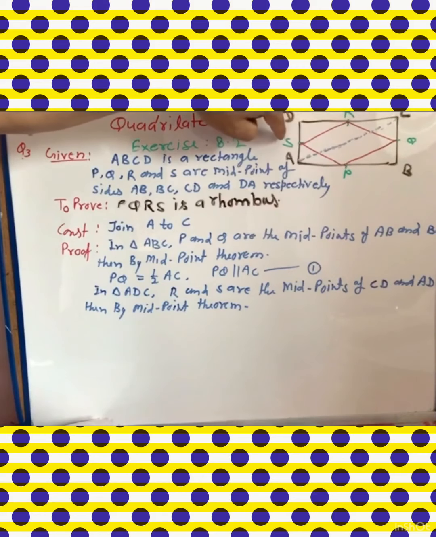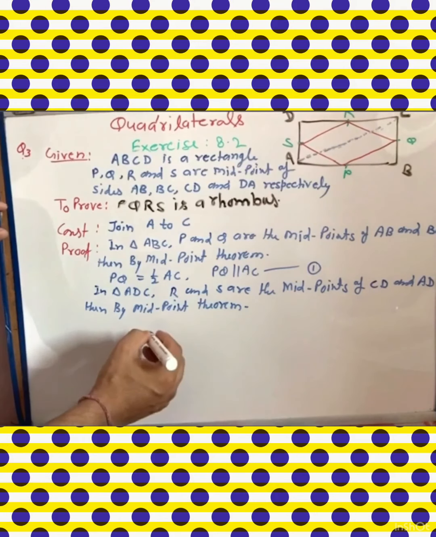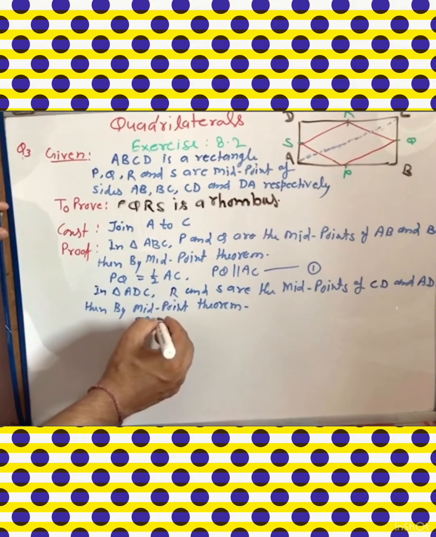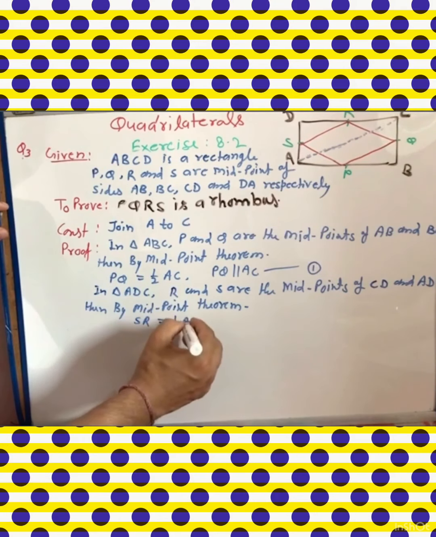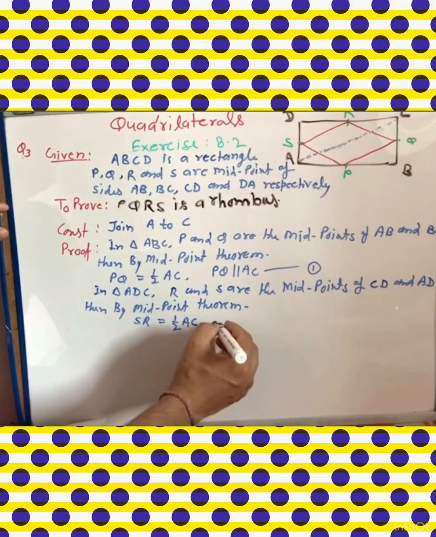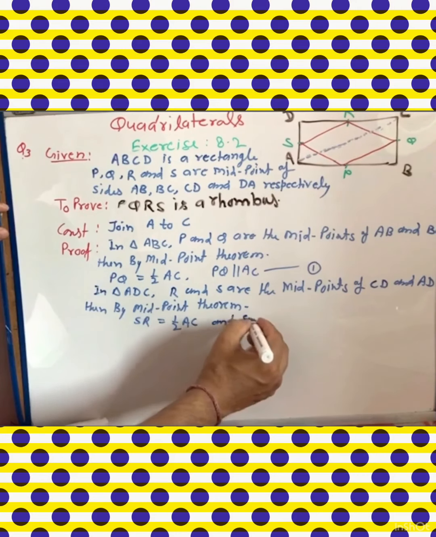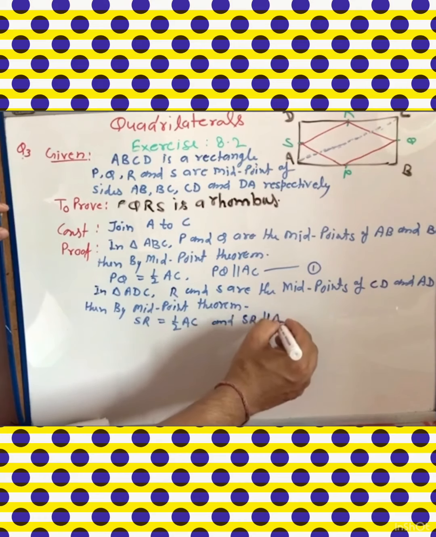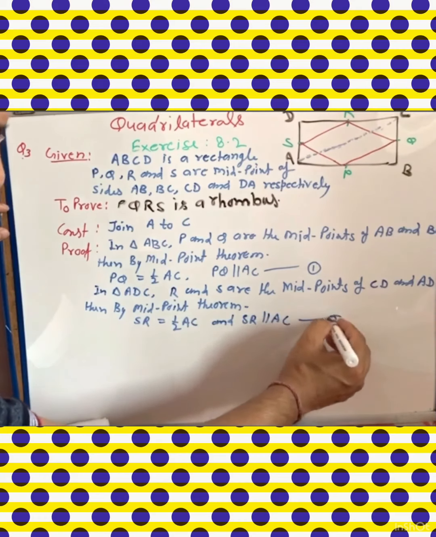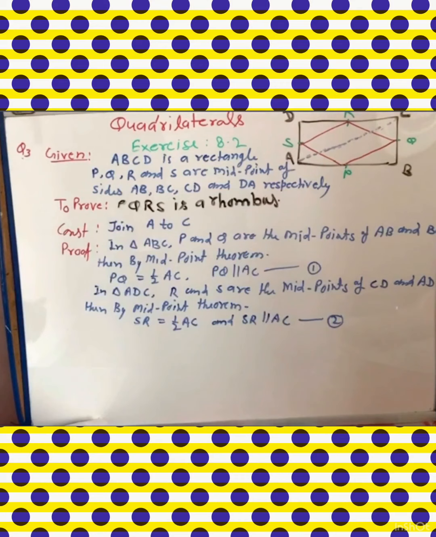So you will write SR equal to half of AC and SR parallel to AC. So this is the equation number second.